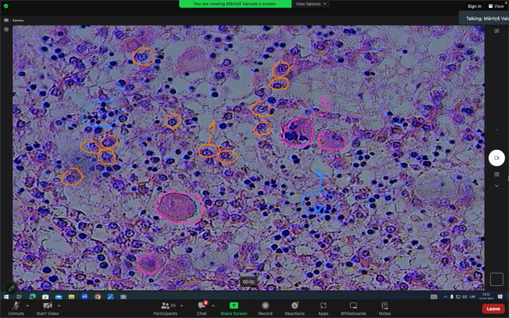This is the structure that I'm showing. The cells are asked only in high magnification. So you can ask about liver cells only in very high magnification. There are blood vessels and a lot of other stuff here.